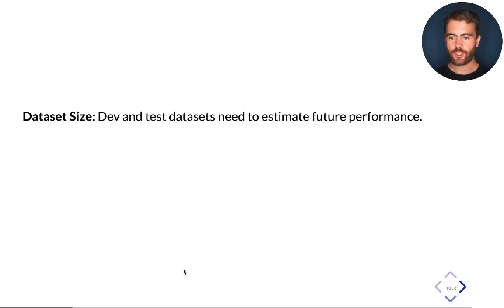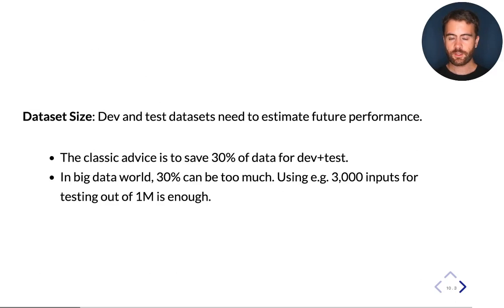The other question is how big these data sets should be. In classical machine learning, there used to be a rule that around 20 to 30% of the data should be reserved for the dev and test sets. Now, in modern machine learning, our data sets are typically large. For example, we could have data sets with hundreds of thousands or millions of images.